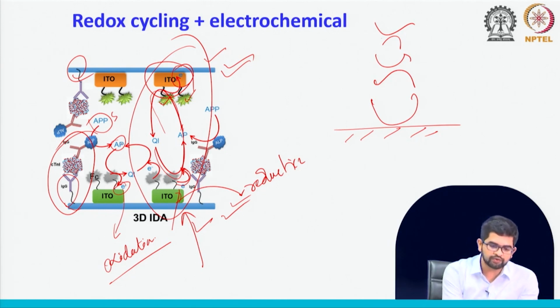AP is formed based on this ALP reaction, then this AP can be oxidized to form the quinonimine, and this quinonimine can be reduced, not by TCEP.